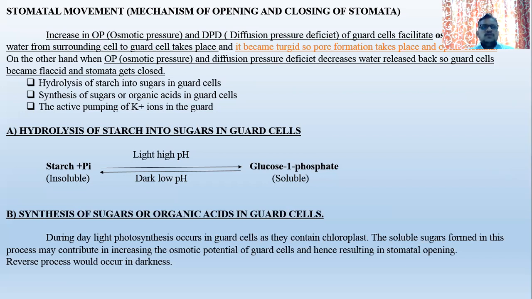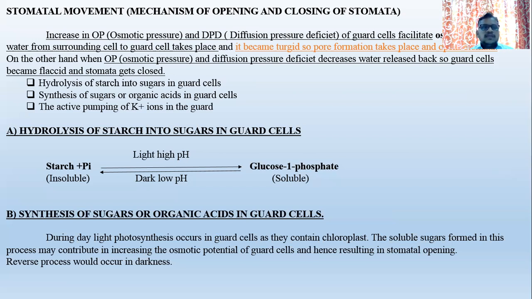Okay, so whenever osmotic pressure increases, the diffusion pressure deficit of the guard cell facilitates osmotic diffusion of water from surrounding cell to the guard cell. Okay, so this is the important point. And it becomes turgid, so pore formation takes place and opens the stomata.